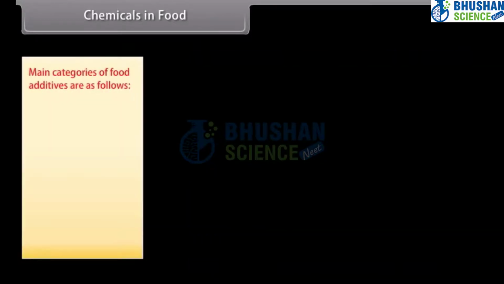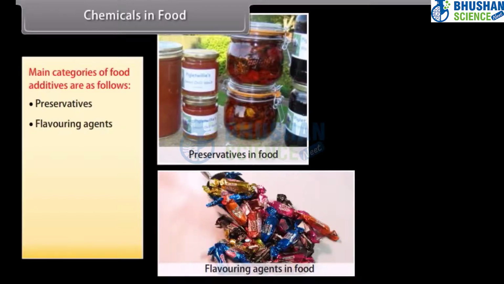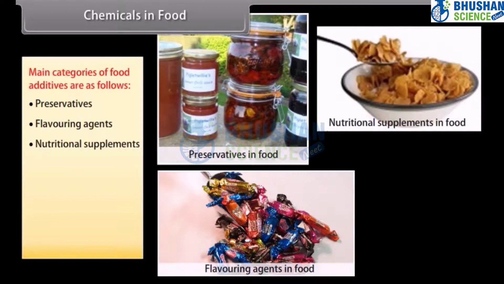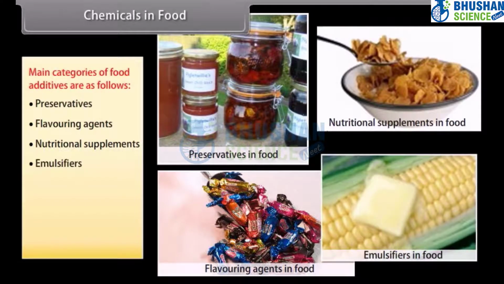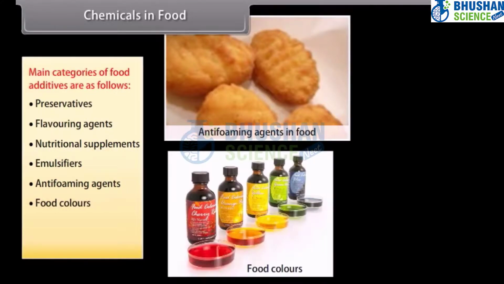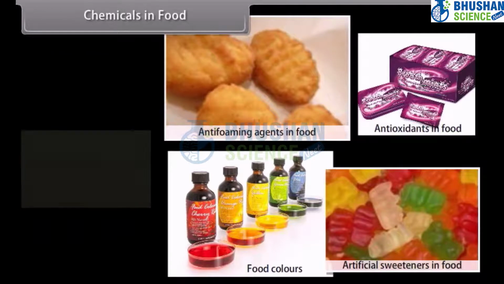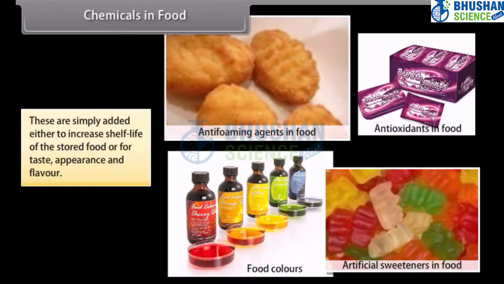Main categories of food additives are as follows: preservatives, flavoring agents, nutritional supplements, emulsifiers, anti-foaming agents, food colors, artificial sweeteners, antioxidants. These are simply added either to increase shelf life of the stored food or for taste, appearance and flavor.